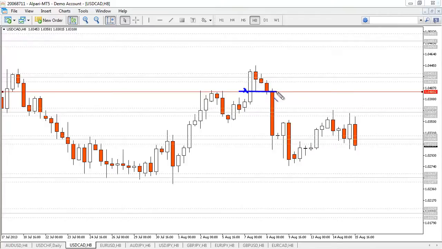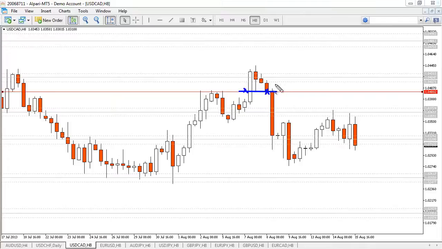this was a pretty good entry level based on price action. But money management wise, you couldn't use this entry because your stop loss would have to be way too big. So this is another example where you would use a retrace to enter this trade. When sellers break here, you set your entry level back up.